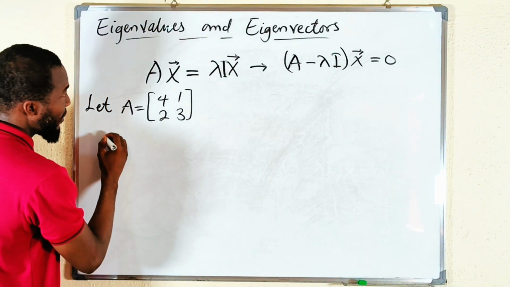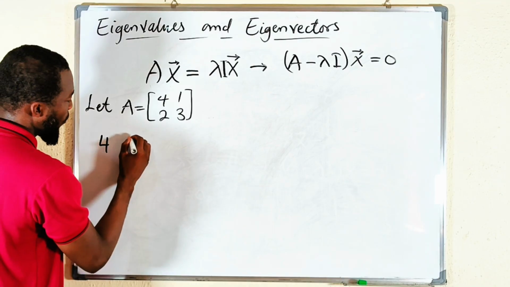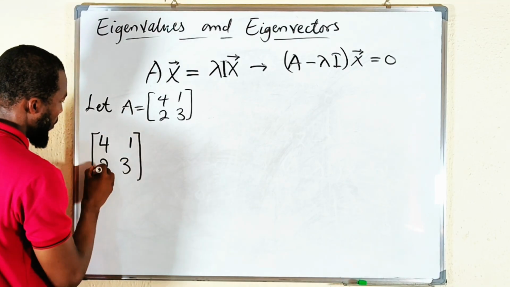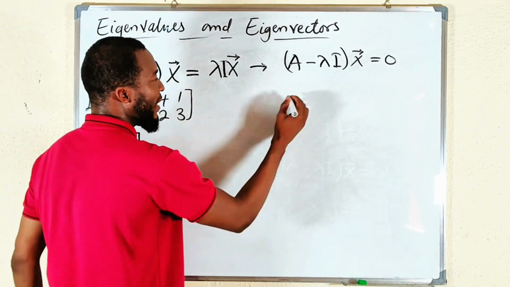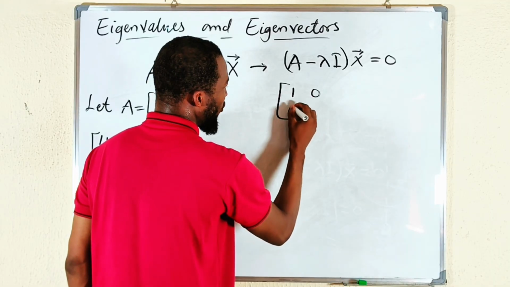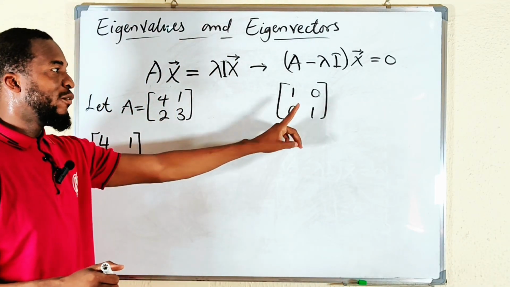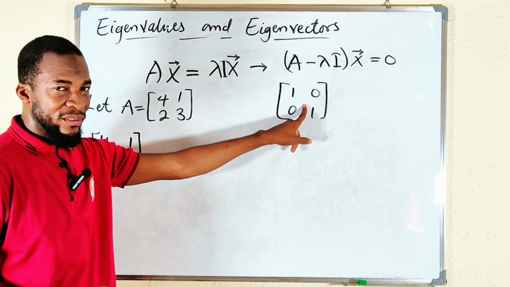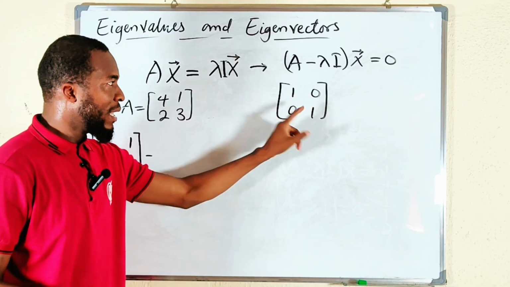So this is going to be A, which is 4, 1, 2, 3, minus lambda times I. What is I? The 2 by 2 identity matrix is 1, 0, 0, 1. If you multiply this by lambda, it is only going to affect the diagonals, so you have lambda here and lambda here.